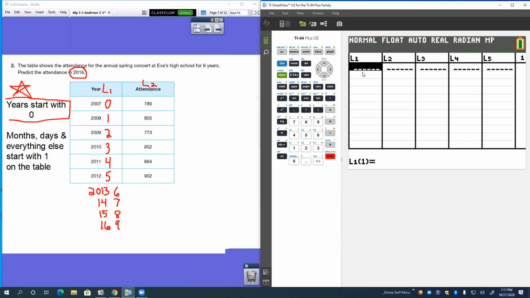So going back over to our calculator, we want to type in these numbers. So go ahead and do that. Type in your numbers 0, 1, 2, 3, 4, 5. You have to use the arrow keypad to get over into your L2. And then we want to type in the attendance from the data table.